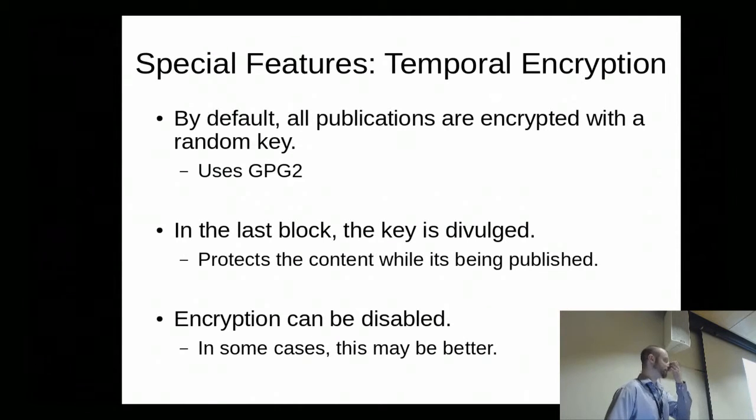You might not want anybody seeing what is being published until it's done. On the other hand, you might be in a situation where you want to jam in as much as possible, as quickly as possible, because maybe somebody's onto you and they're about to stop you. So you can turn off encryption. That's up to you.